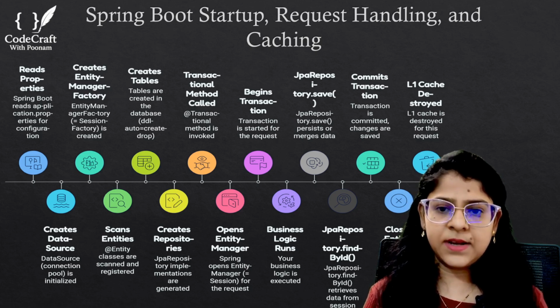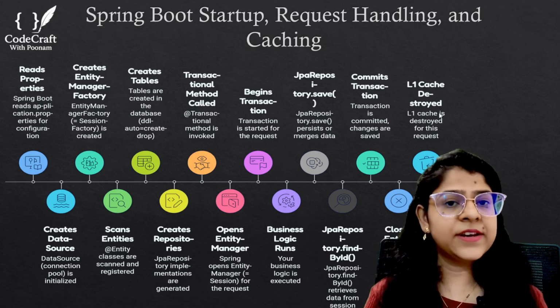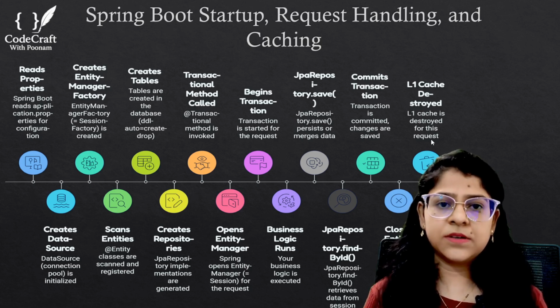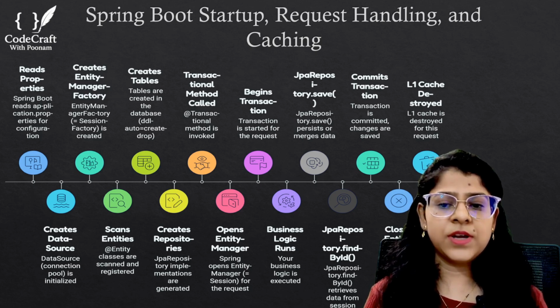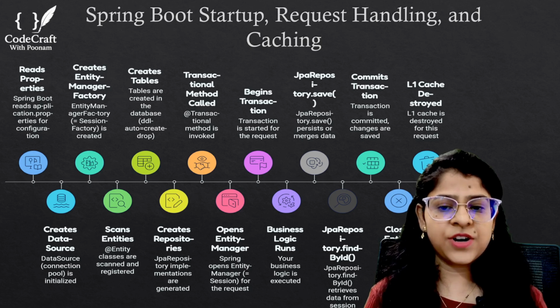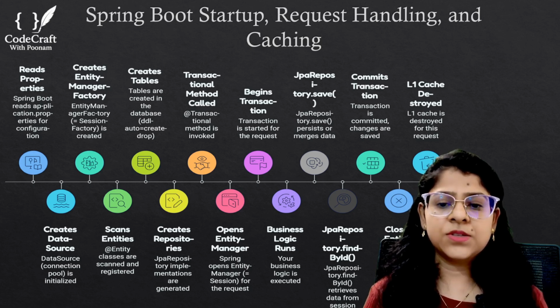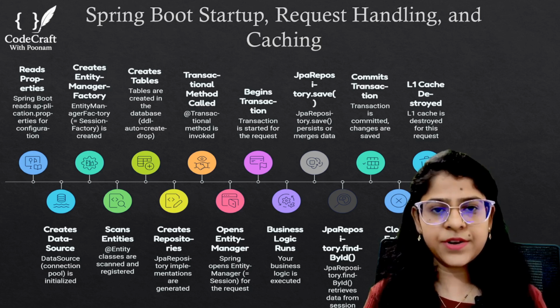The L1 cache is destroyed for that particular request, and the L2 cache persists. There we used @Cache or @Cacheable, so this will persist across all the requests.